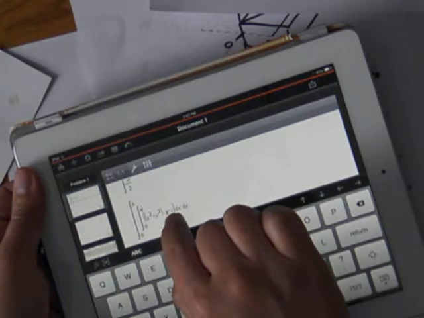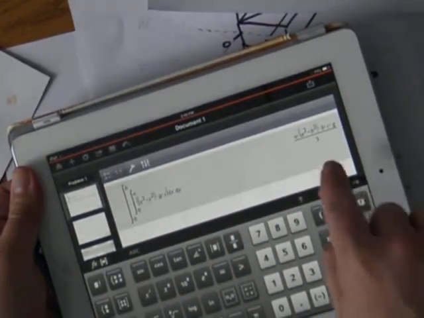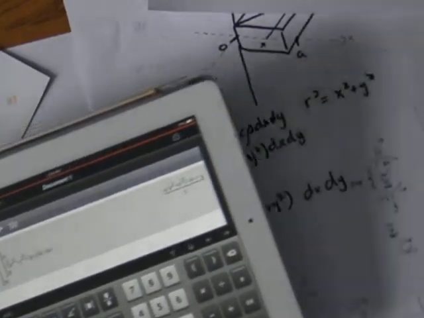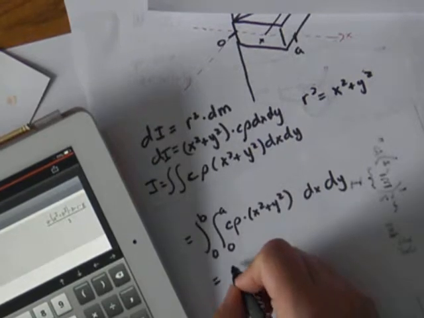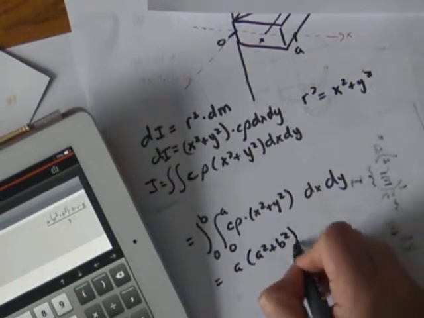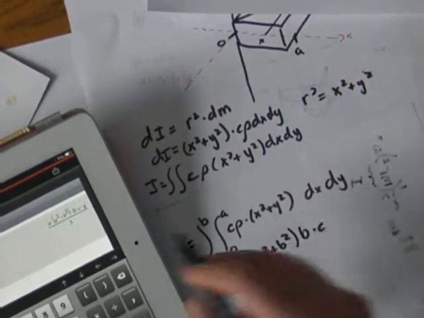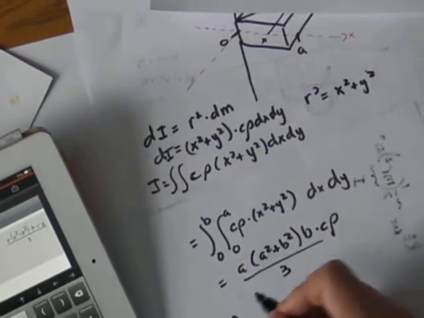And remember, my g is rho, and there's c. I should hit enter, and here's my result. So my result is a times a squared plus b squared, b times c, and remember g is just rho for me, all over 3.